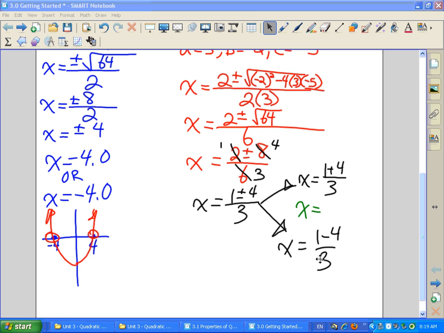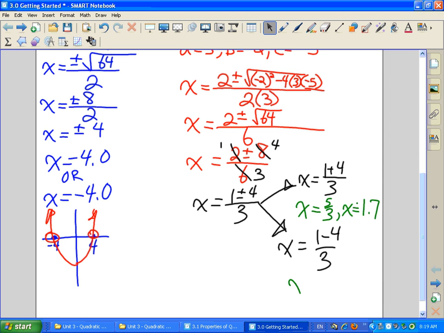Apologize for that. So we're solving here, guys, our roots. So 1 plus 4 is 5 over 3. However, it says to round to 1 decimal place, so that's going to be x equals approximately 1.7. Looking at our second root, x equals negative 3 over 3, which equals negative 1.0 because it asks you to round to 1 decimal place.